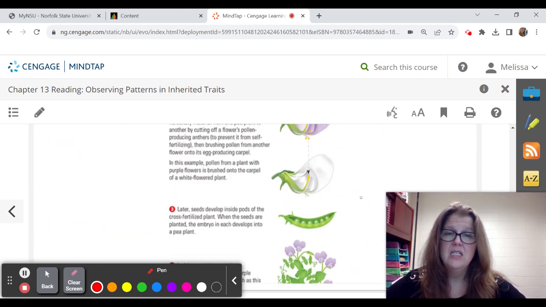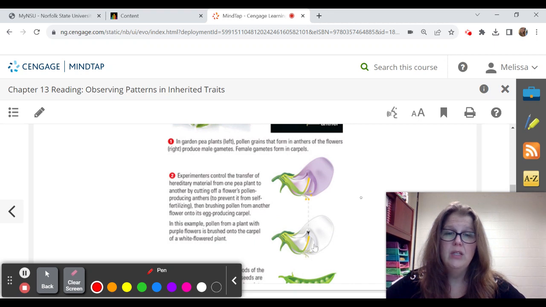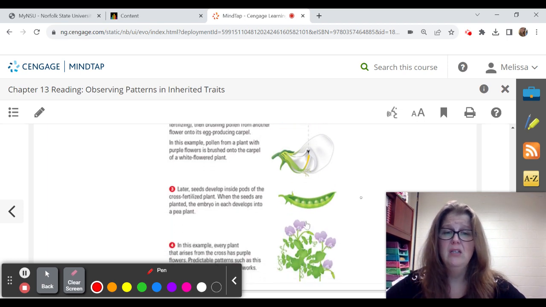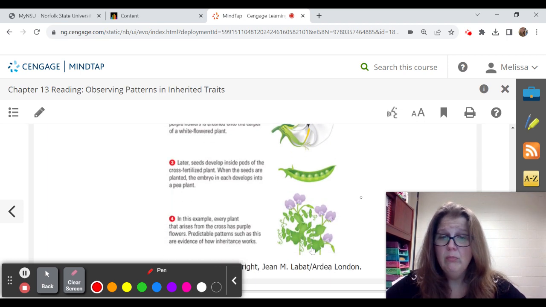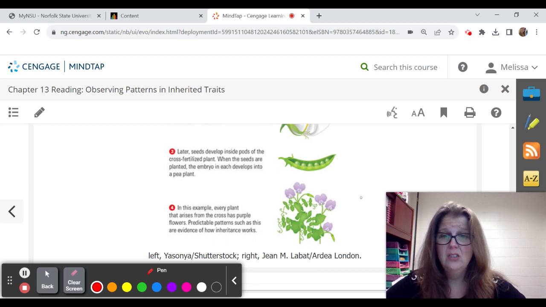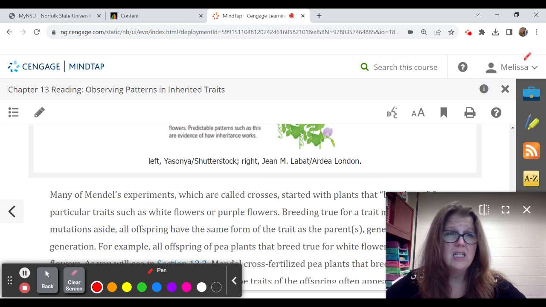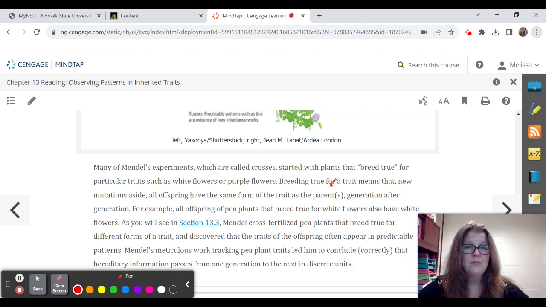So in this instance, we're going to find this purple and this white flower being crossed. And yes, all the resulting offspring are going to be, in this example, purple. But why is that? Why doesn't the white show up? And like I said, we're going to get to that here in a moment. Let me make this smaller again.